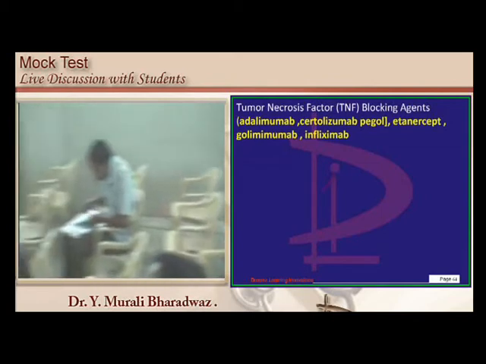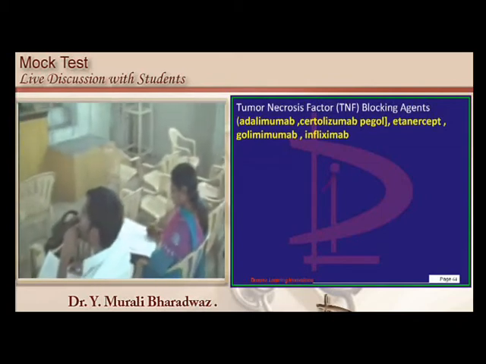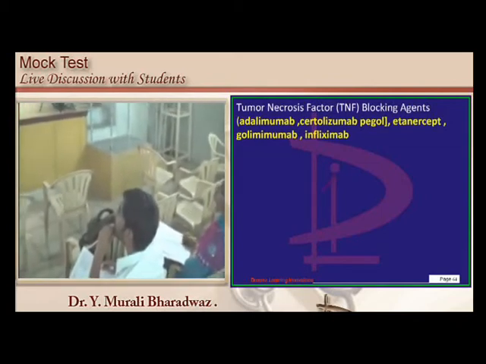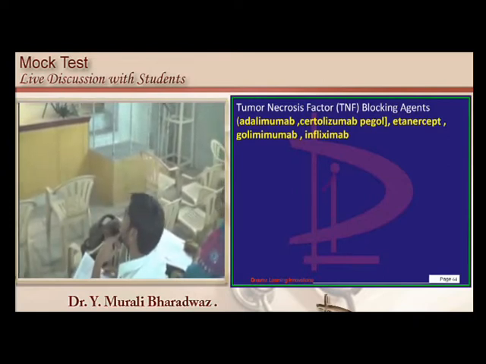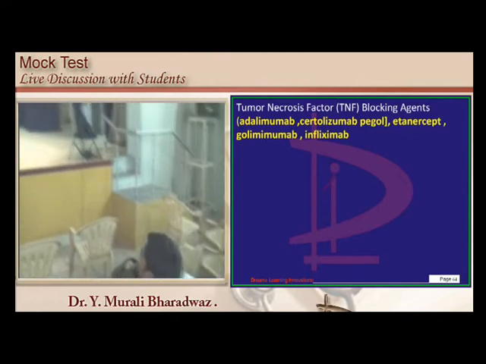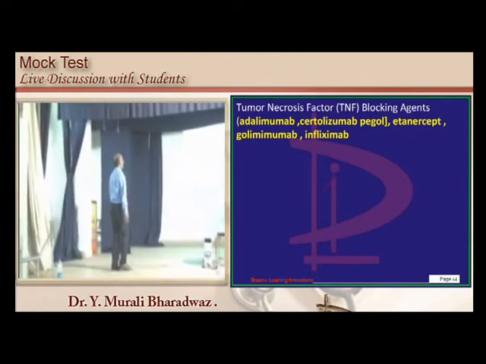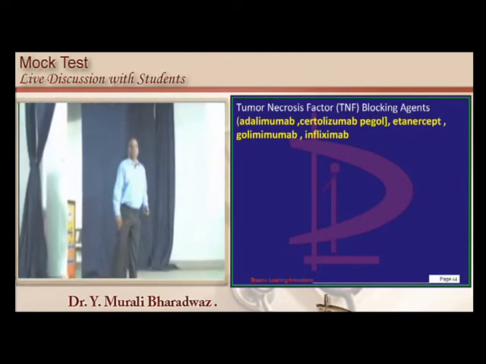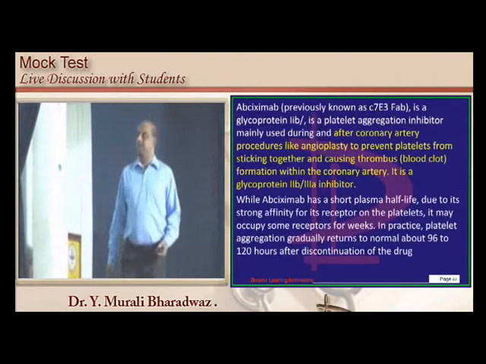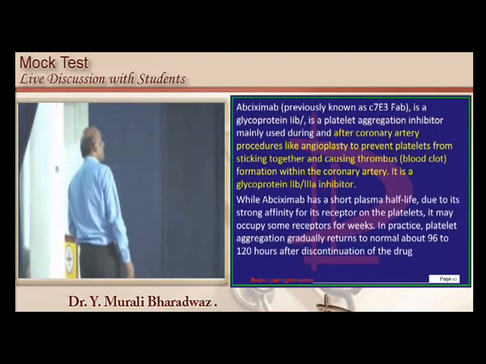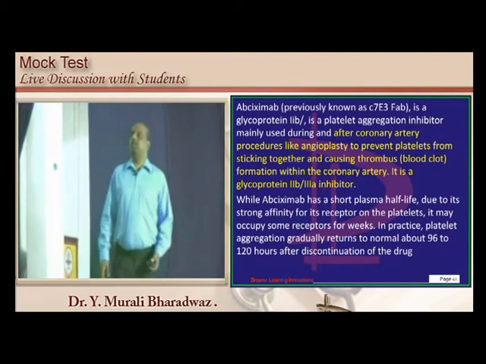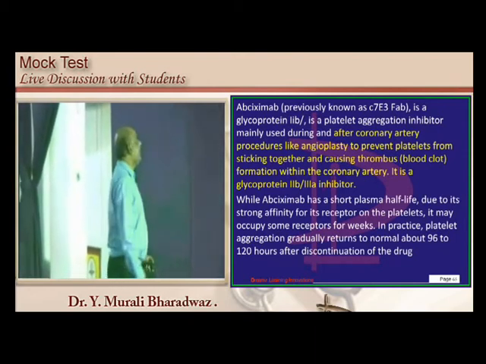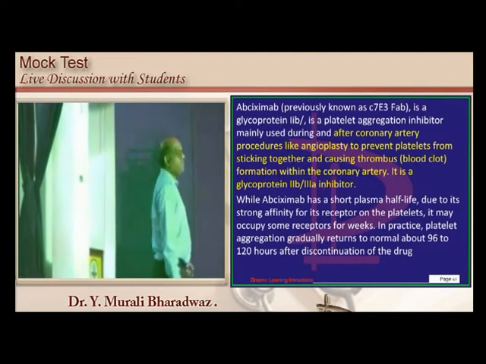So adalimumab, certolizumab, etanercept, infliximab and golimumab, all tongue-twisting names, are fundamentally monoclonal antibodies against TNF. But what is abciximab? Abciximab is a platelet aggregation inhibitor which is typically used in those having a coronary artery procedure like angioplasty.